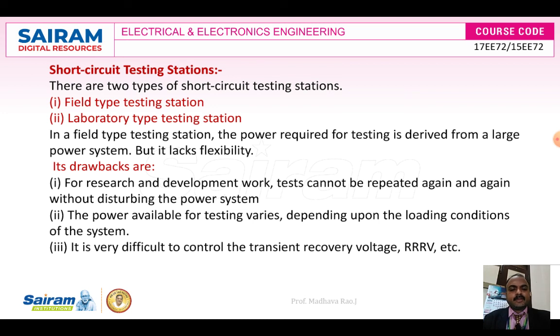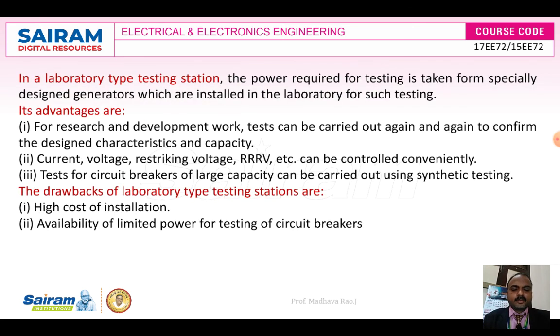Power availability is very less, so sometimes it gives more transients. That is why field type test is not as popular as laboratory type testing. In laboratory type testing we have a separate generator set, and we can do the test again and again, but in field type testing we cannot. So the drawbacks of field type testing we can eliminate.